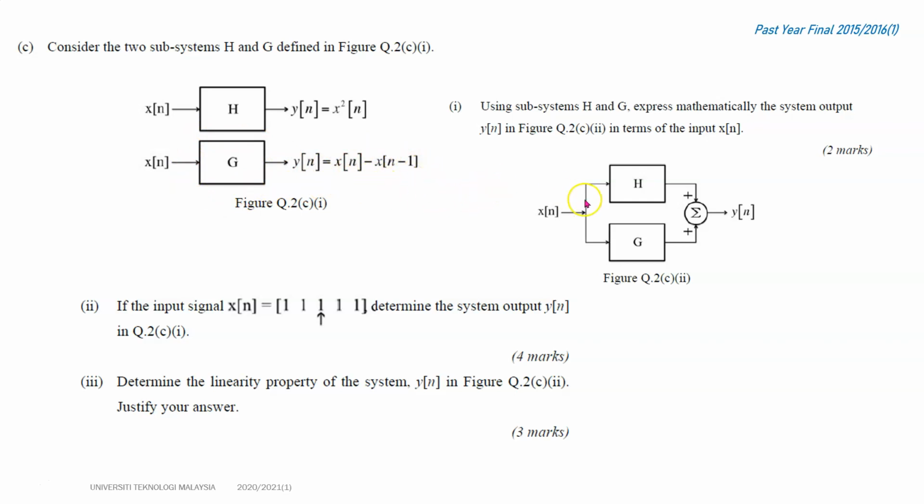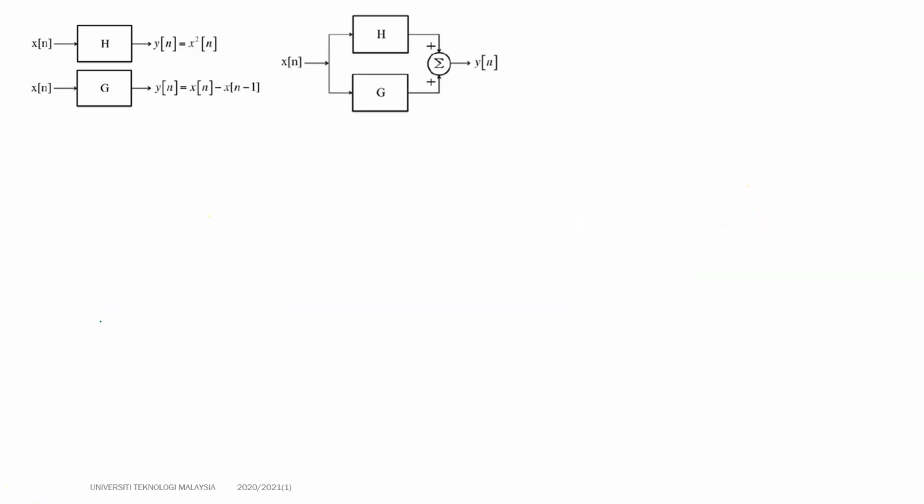Using these two systems, there's another system which adds together the output from H and the output from G in order to produce the overall system output, which is Yn. So now we have to write the equation mathematically. For the first question here, we need to write this Yn. So Yn here is equivalent to the output from H.